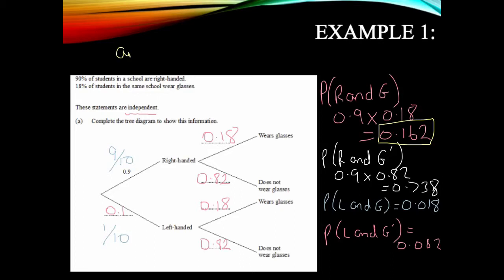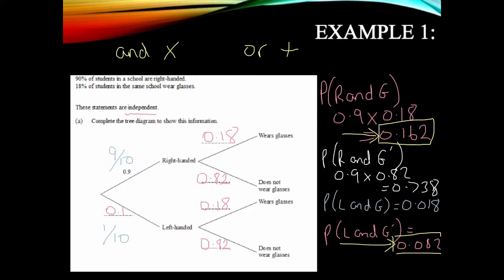When we were doing and, it was multiplied. I've used the word or this time, and in this case we're going to add. So we take these two probabilities and add them together.